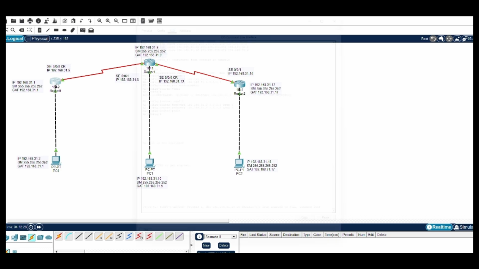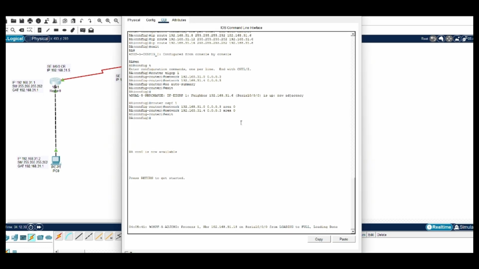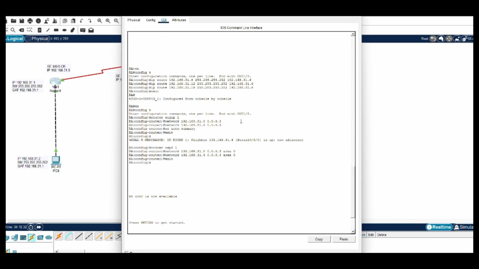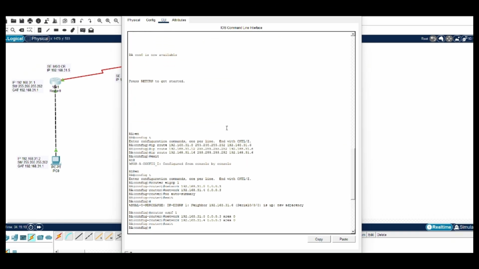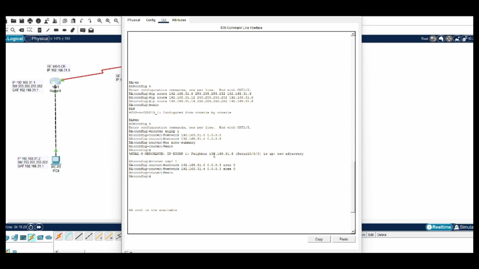Well, finally we applied the last protocols. We have the next protocol, the RIP route, and EIGRP 1 protocol. This starts with router EIGRP 1, always one, and the main networks.